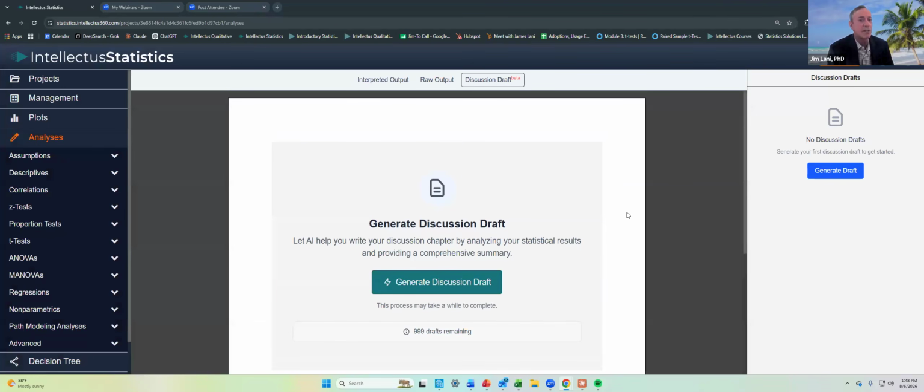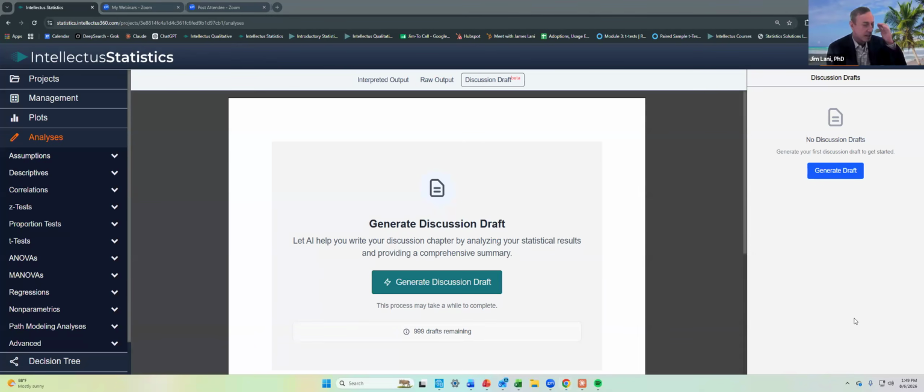The discussion draft that I showed you earlier is AI driven, so that is something that you want to obviously vet line by line. And then the guided reflections are not AI driven. Those are hard coded questions to ensure that you understand that discussion.